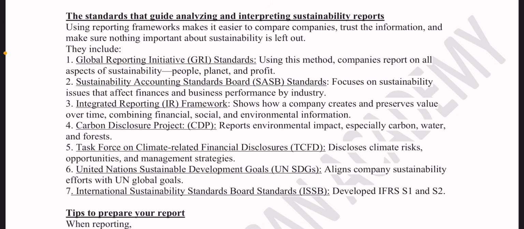Now, the SASB is the Sustainability Accounting Standards Board. This is also a body that creates standards that are used to analyze and interpret sustainability reports. They are focusing on issues that affect the finances of the company. GRI is saying that we should cover everything, all the aspects of sustainability.